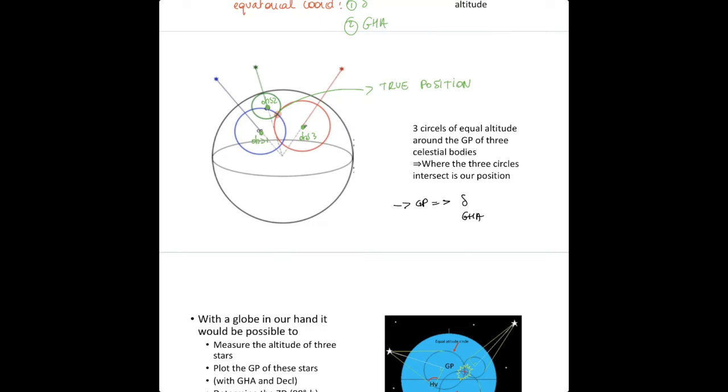Then if we have an altitude, we can transform this into zenithal distance: 90 degrees minus the altitude is the zenithal distance. And so we have the radius of our equal altitude circle. This is another zenith distance based on another altitude. This is zenith distance number 3. If we know the zenith distance, we can draw the equal altitude circle because we know the radius, and then the intersection between the 3 altitude circles is our true position.